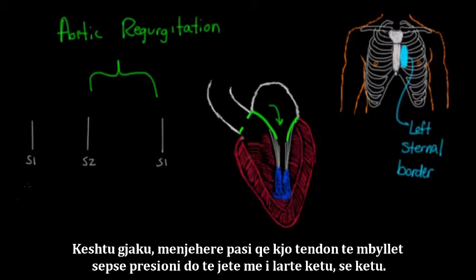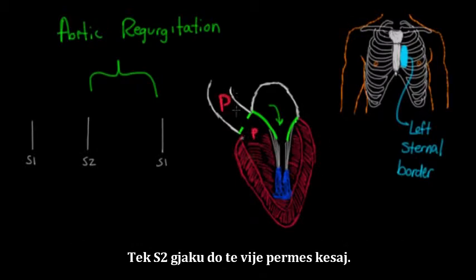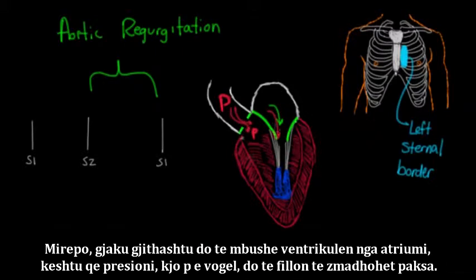And so blood, right when this tries to close, because the pressure will actually be greater here than here, right at S2, blood is going to be coming through here. But blood is also filling the ventricle from the atrium, and so the pressure, this little p, is actually going to start to get a little bit bigger.